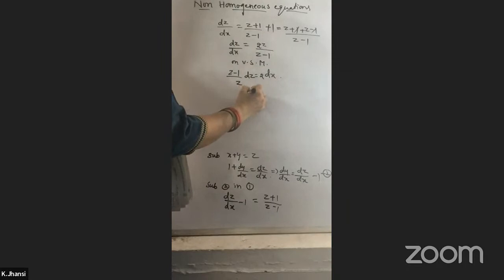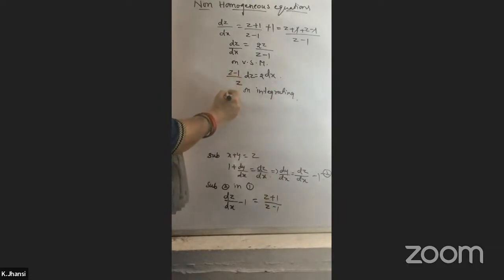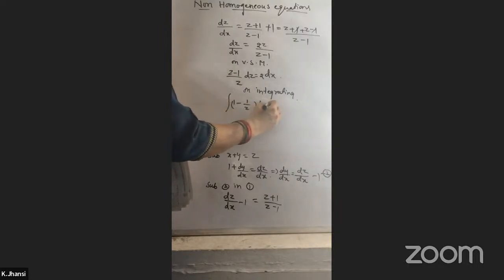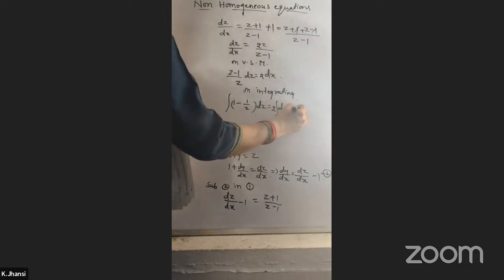Now on integrating, what will we get? The integral of z minus 1 by z, so you can divide it: z by z means 1, minus 1 by z, into dz, is equal to 2 taken outside, into dx plus c.